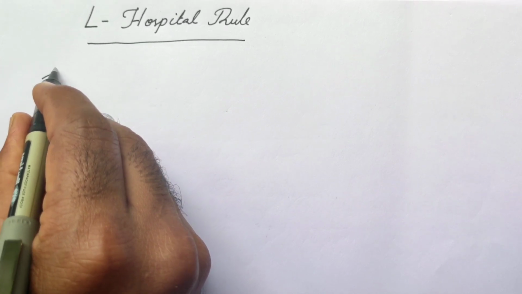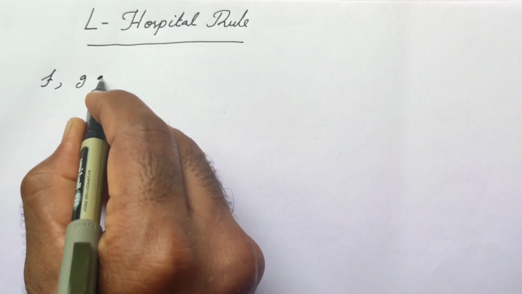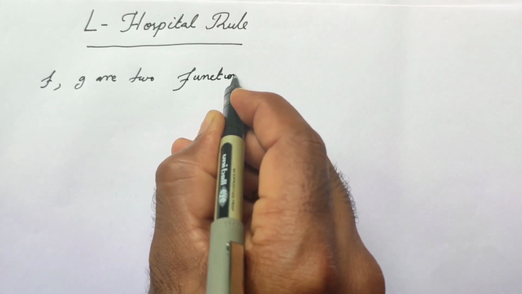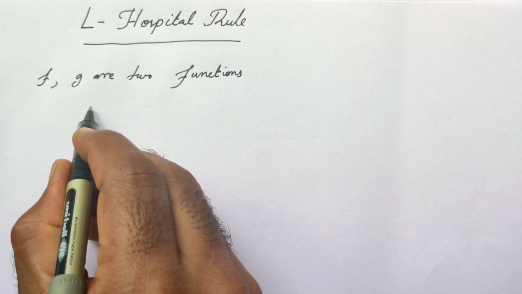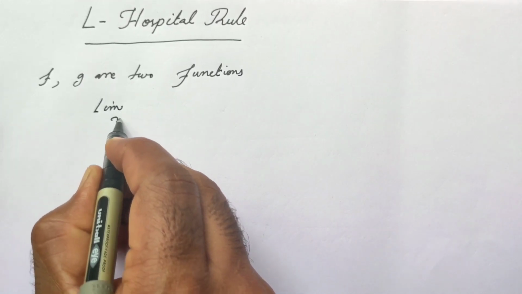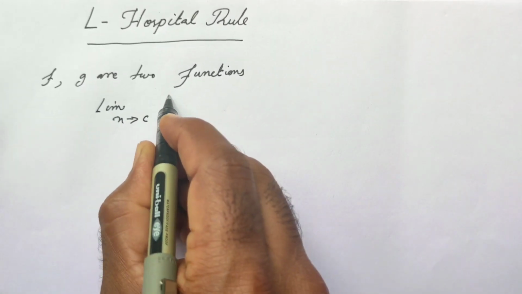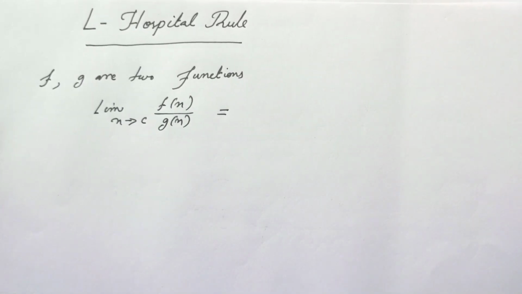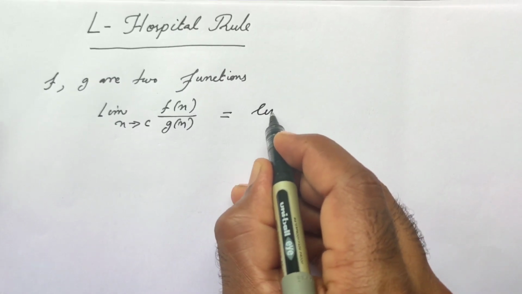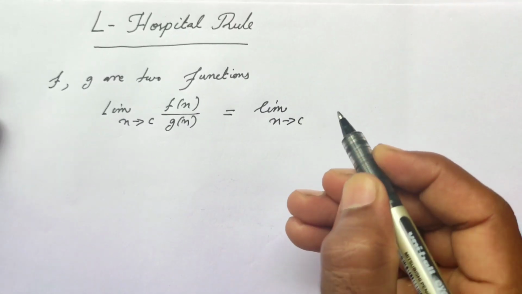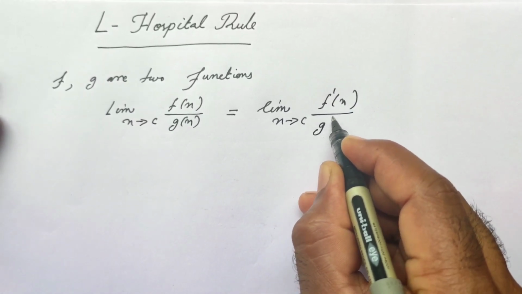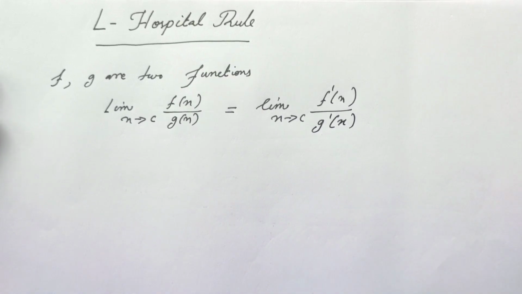So L'Hospital rule states that if f and g are two functions, then the limit x tends to a constant c, f of x divided by g of x, is equal to limit x tends to c, the derivative of f of x, that is f dash x, divided by the derivative of the denominator function g of x.